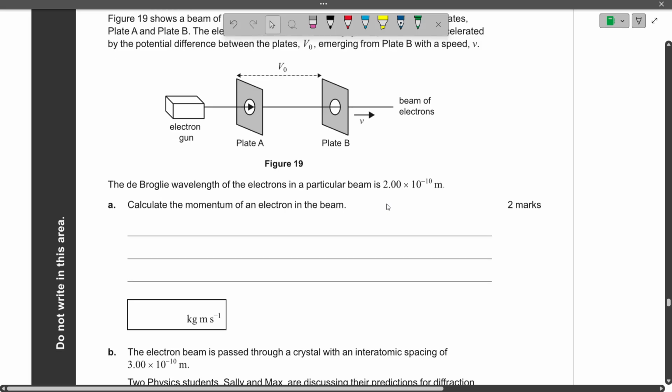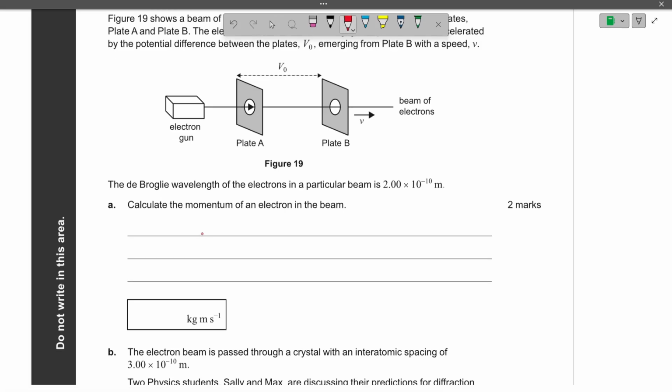Okay, so we have a formula for this. The de Broglie wavelength is related to momentum via this formula here. It's important to know that when we're dealing with things that we classically think of as particles, like electrons, we have to use the joule seconds version of h, not the electron volt seconds version.